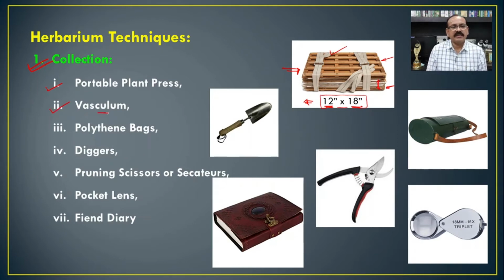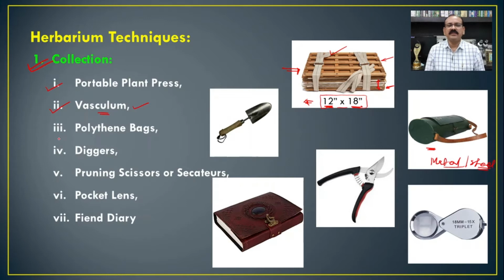Second one, that is the vasculum. Vasculum is nothing but a bag-like utensil, which is made up of metal or steel. After the collection of the plants, to avoid desiccation, such vasculums are traditionally used.